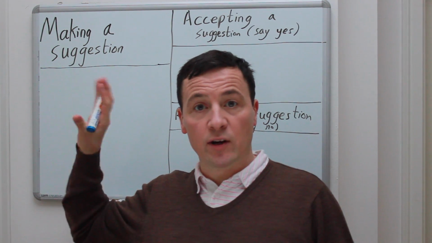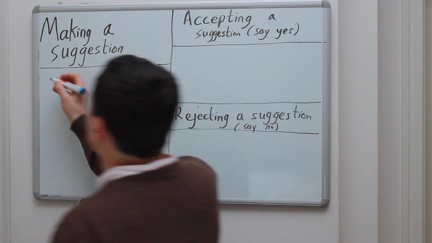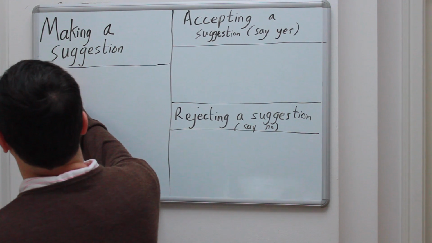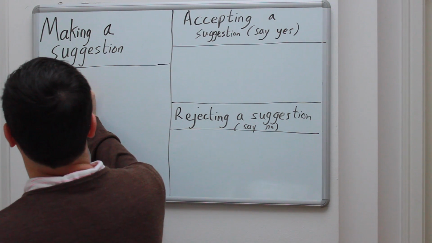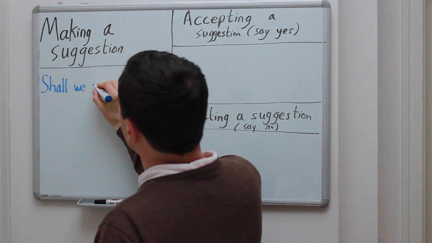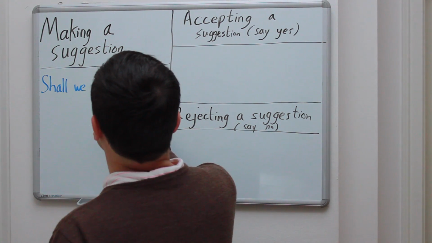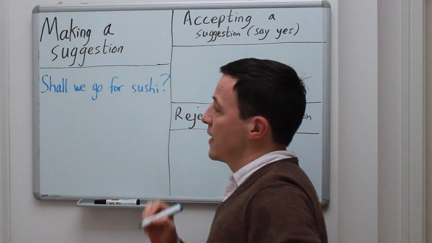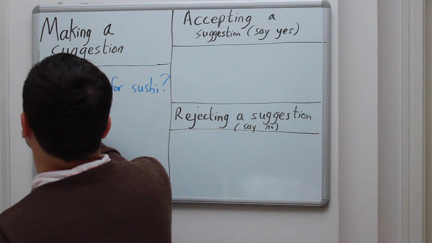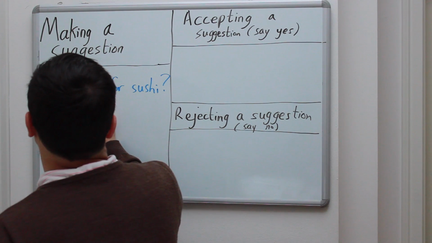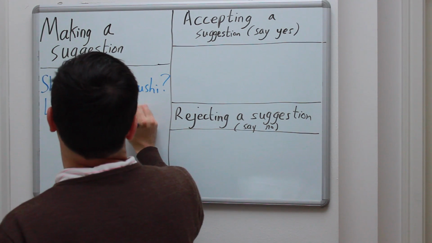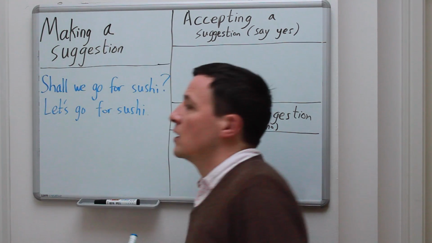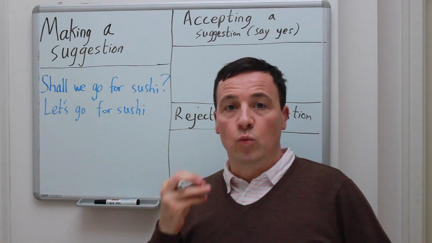So I'm just going to write up these phrases for you. So the first one is, shall we? Shall we go for sushi? Or you can say, let's go for sushi. Another phrase you can use is what about.